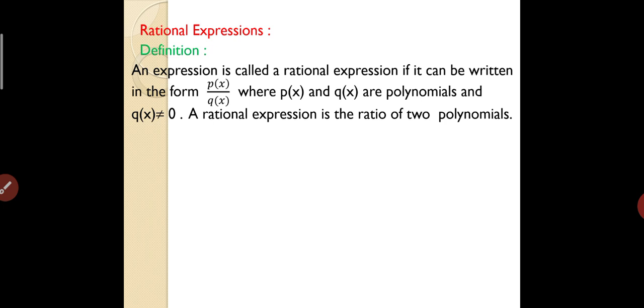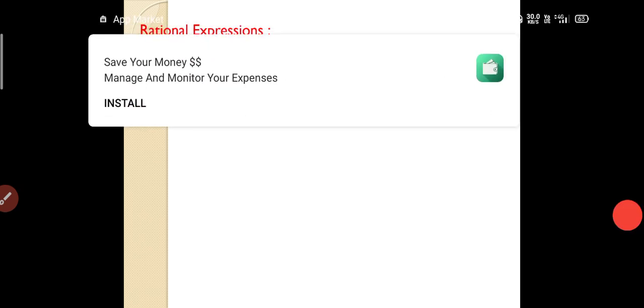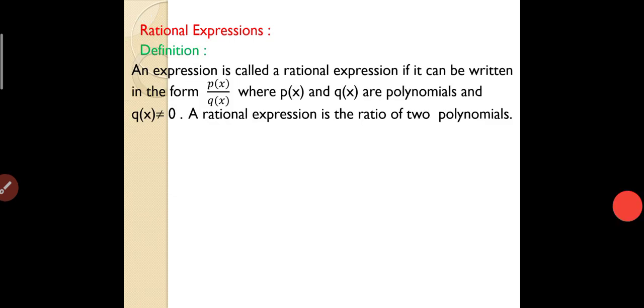Here p of x is one polynomial and q of x is one polynomial. P of x means polynomial in x. Q of x means polynomial in x, where the denominator should not be equal to 0. That is, q of x is not equal to 0. Such an expression is called a rational expression.